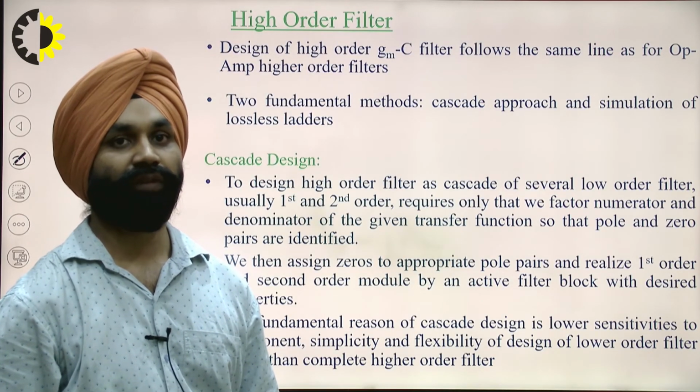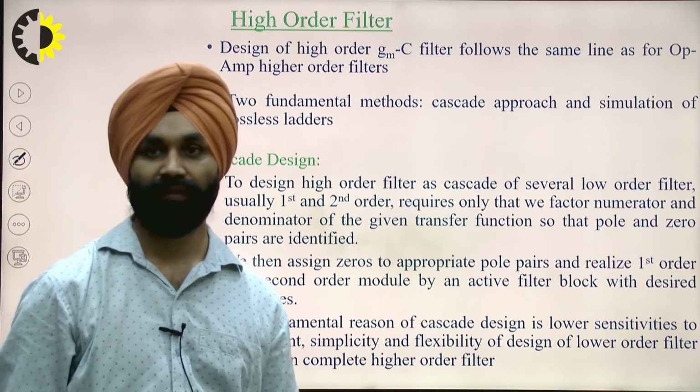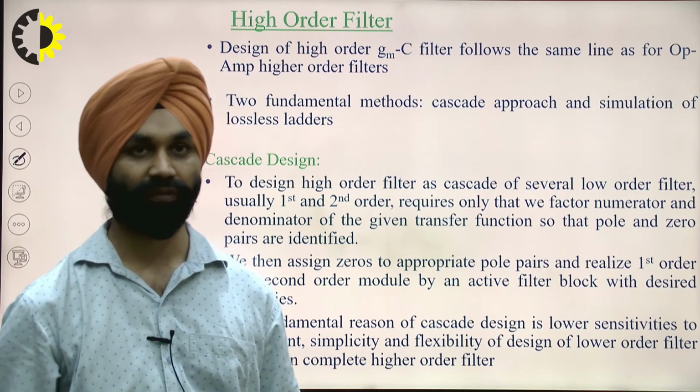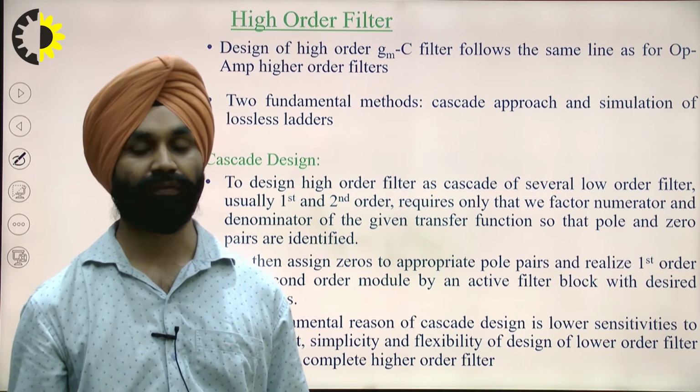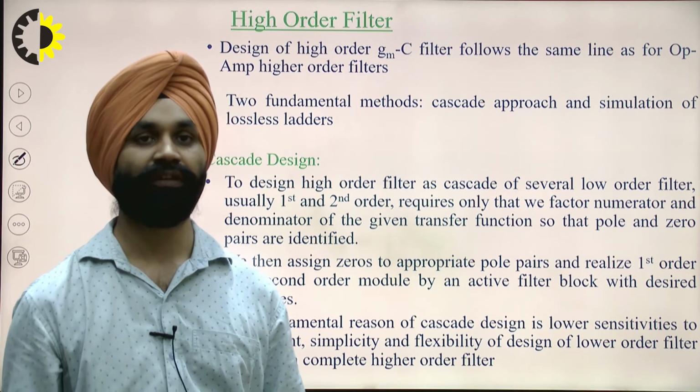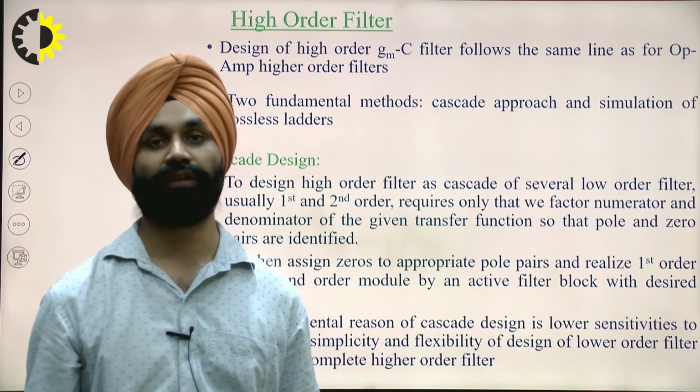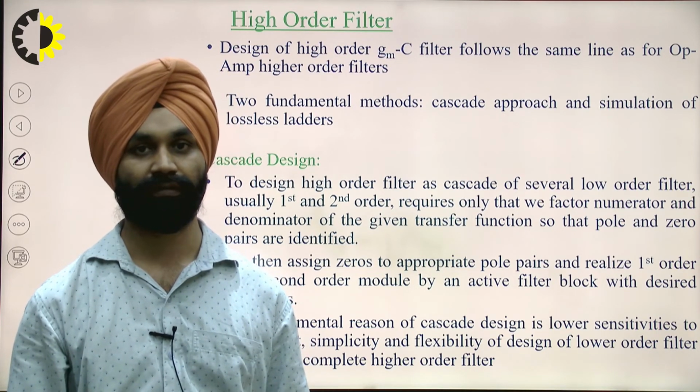Now, when we have created the first order filter and the second order filter, we have created a universal filter which can be used to create any order or other type of filter.